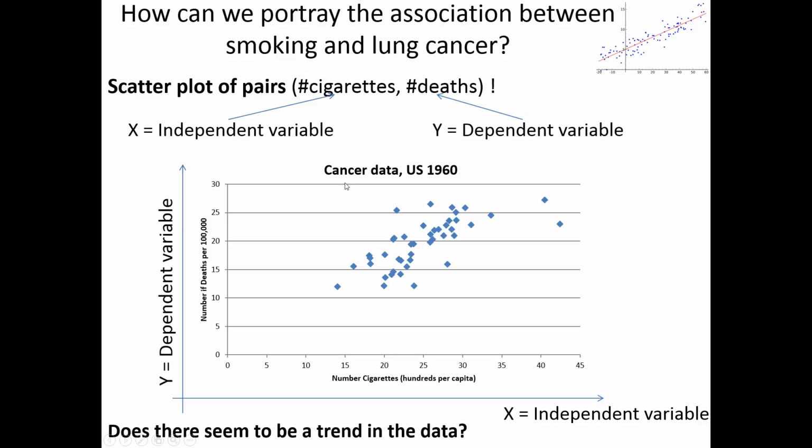For the lung cancer data, the x-axis is the number of cigarettes smoked, and the y-axis is the number of deaths per 100,000 from lung cancer. If you look at the data now, does there seem to be some kind of trend? That's the question we're asking here.